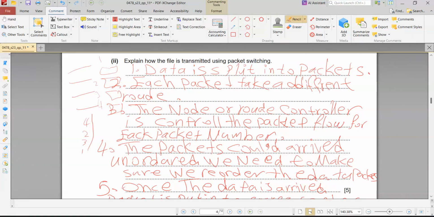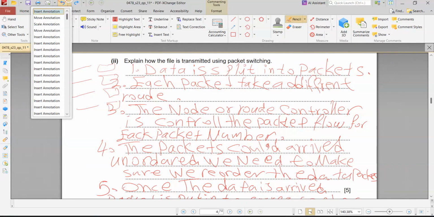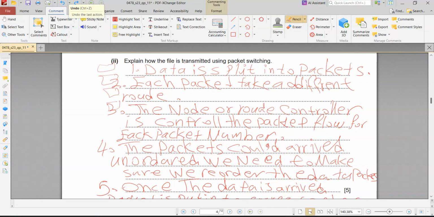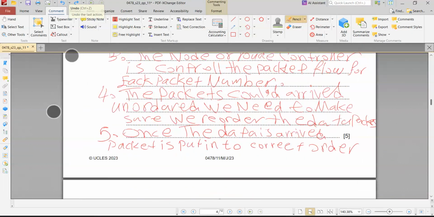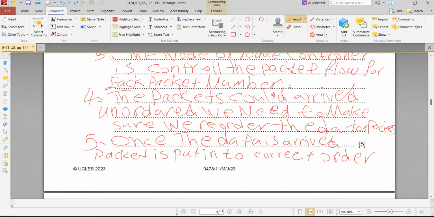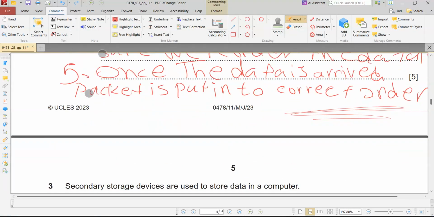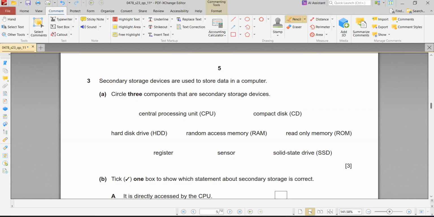So the route controller makes sure that he reorders these numbers, and the data is checked at the end. If there is any mistake, they will fix it and put the packets in the correct order. So this is how you can answer this question.